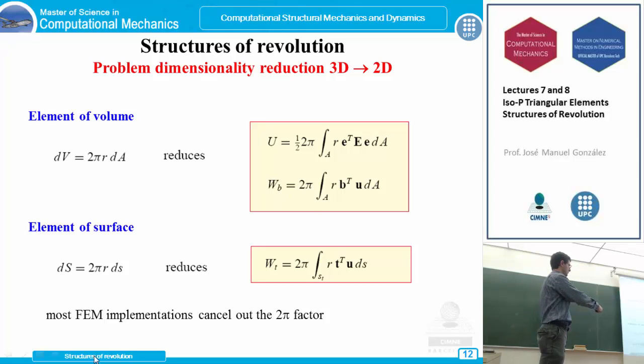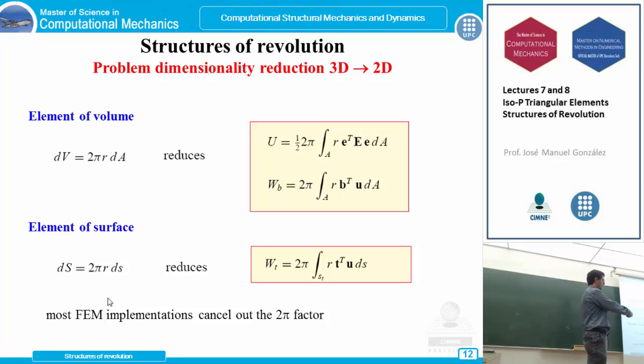So we change our element of volume by elements of area, and we've changed our element of surface where the load is applied by elements of length, just this length where the load is applied, to reduce the dimension of the problem from 3D to 2D, to implement this formulation in a finite element code.